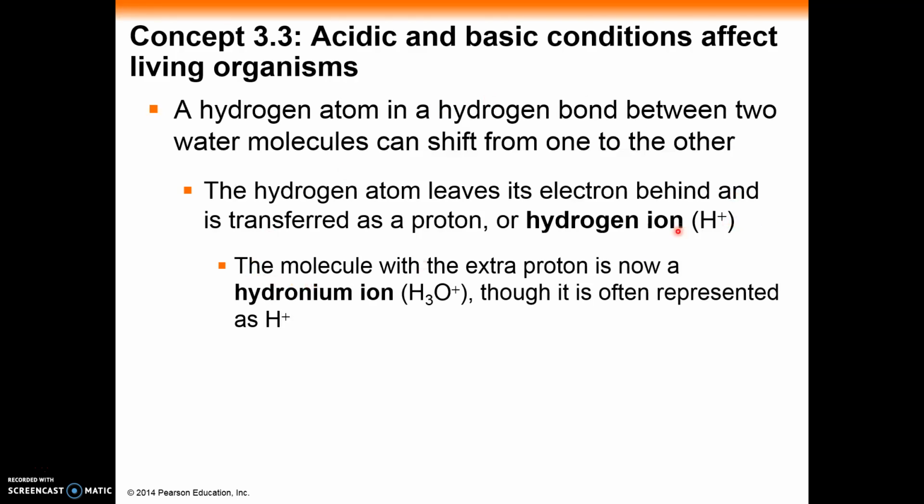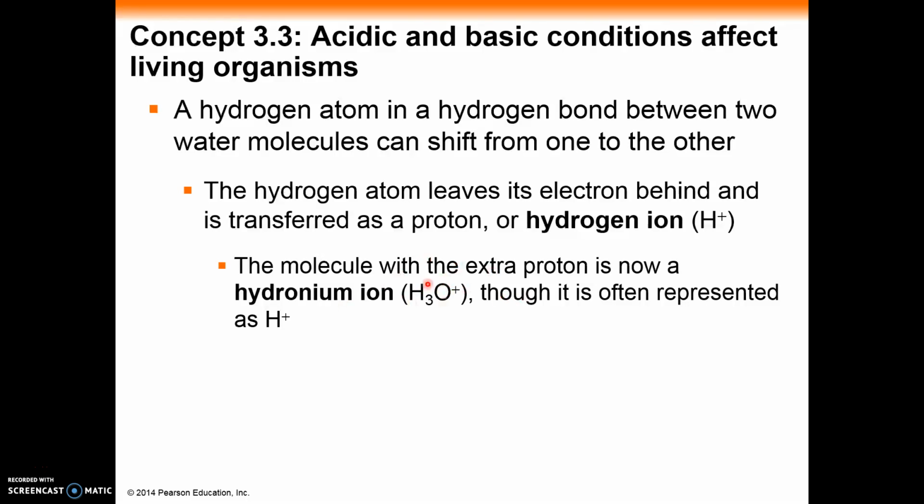Now, that hydrogen ion tends to stay with that water molecule, producing what is called a hydronium ion, which is H3O+. And so this would be considered an ionic compound, that we have a water molecule with an attached hydrogen ion.